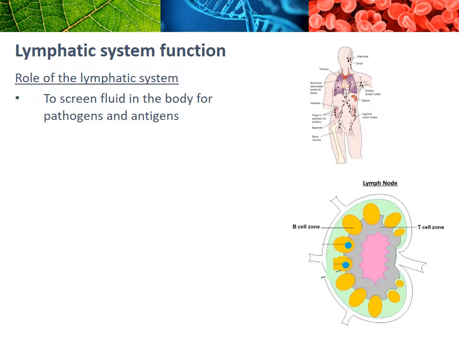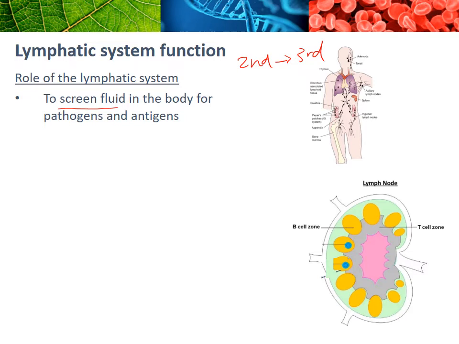Now we're going to look at this in relation to the immune system, and really as that link between the second and the third lines of defense. The main job of the lymphatic system, for our purposes with looking at immunity, is to screen or filter fluid.